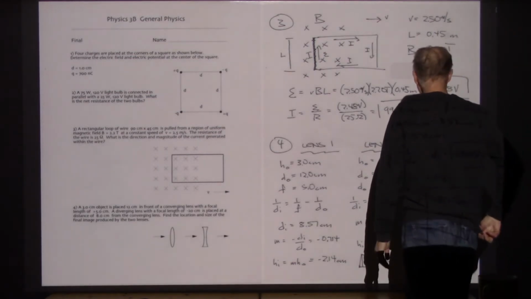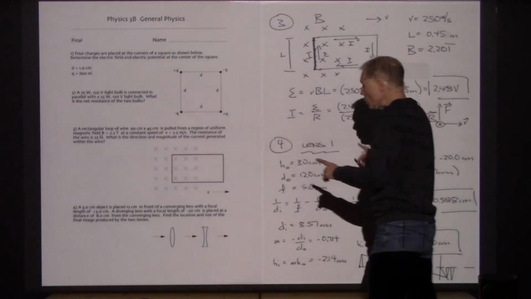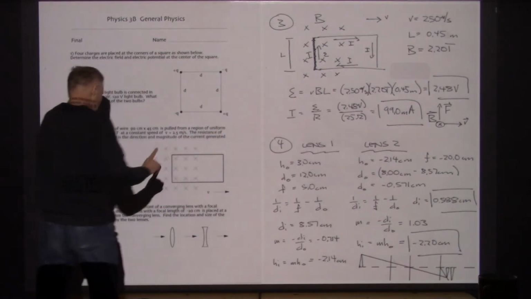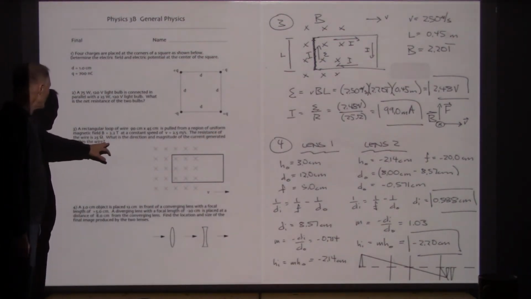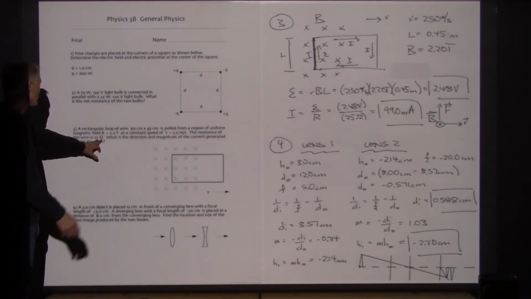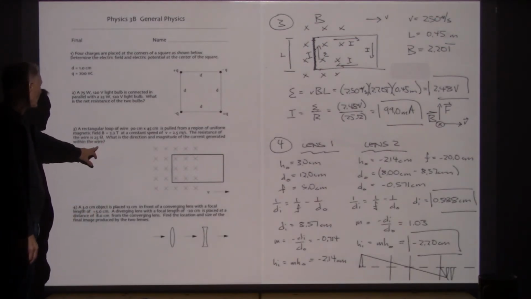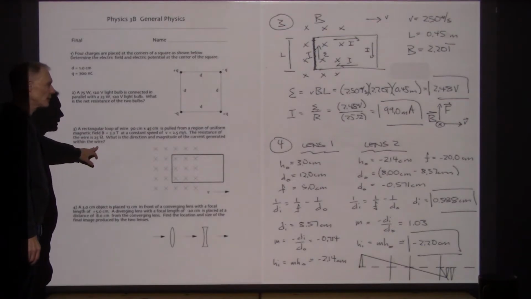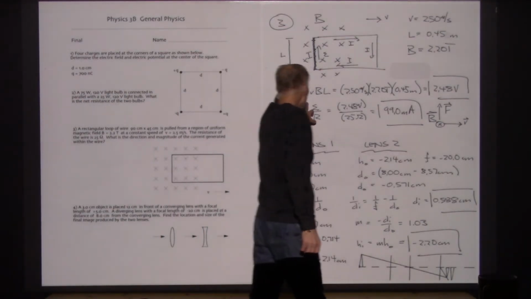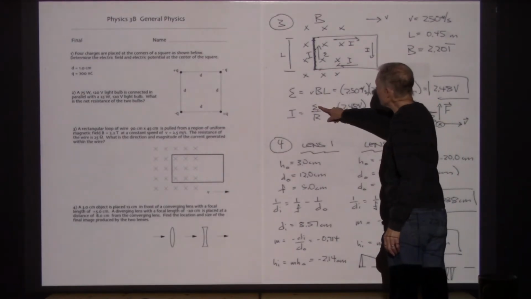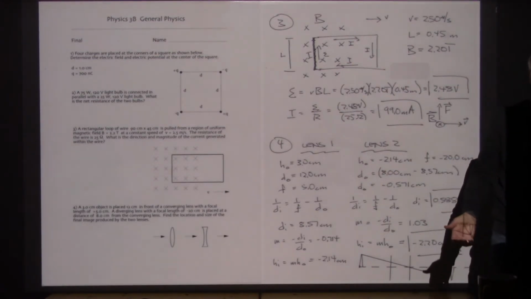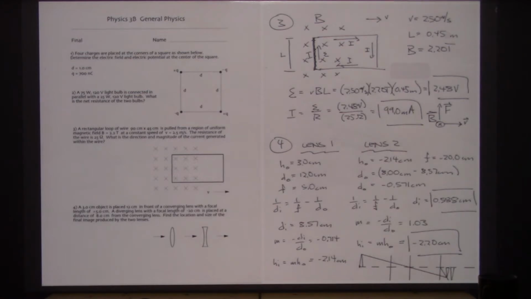All right, so now we've got the EMF figured out, but what they actually wanted was a bit more. They said that the wire has a combined resistance of 25 ohms. They want to know how much current is being generated. Well, current's going to come from EMF over R. So whether the EMF is being provided by a chemical reaction inside a battery, or being generated in a generator using magnetic forces or electric forces, we've looked at examples of both.